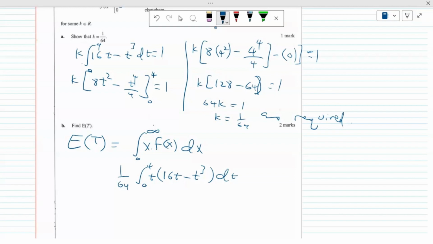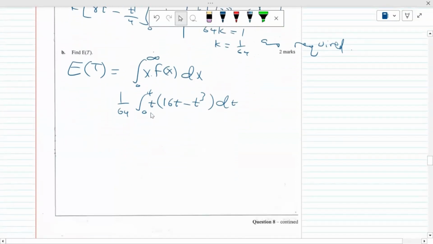If I expand that before I integrate, that gives me 16t squared minus t to the power of 4.